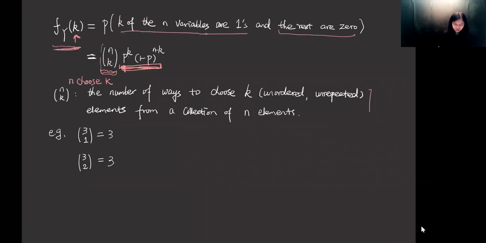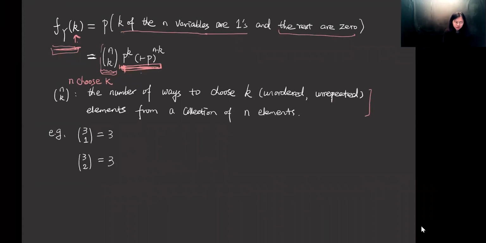So intuitively, if you think about it a little bit, you can see this is the number of distinct outcomes with k successes and n minus k failures. So that's why the probability mass function of the binomial distribution at k is this n choose k times p to the power k, 1 minus p to the power n minus k.